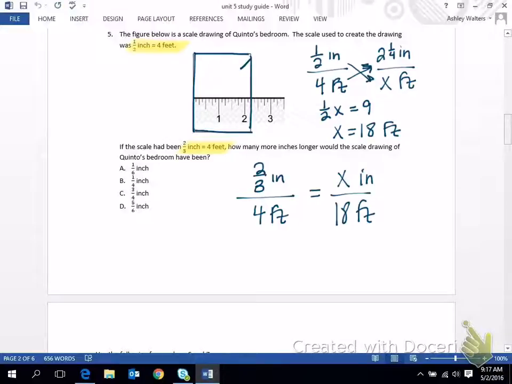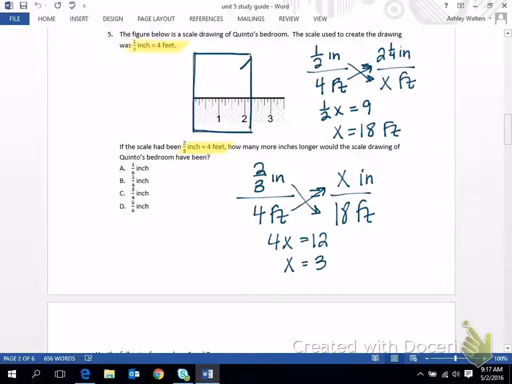So again, you have a proportion. 4x is equal to 18 times 2/3, which gives us 12. And now to solve for x, we'll divide by 4 on both sides, leaving us 3.